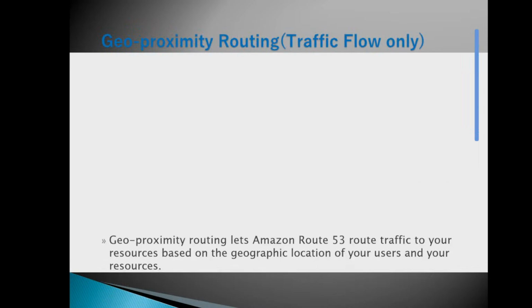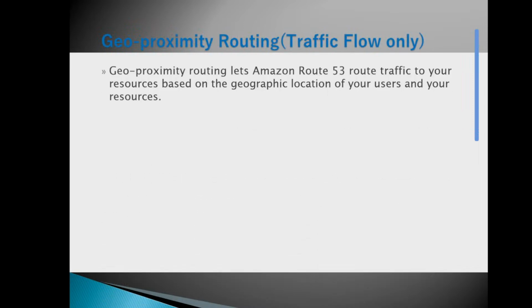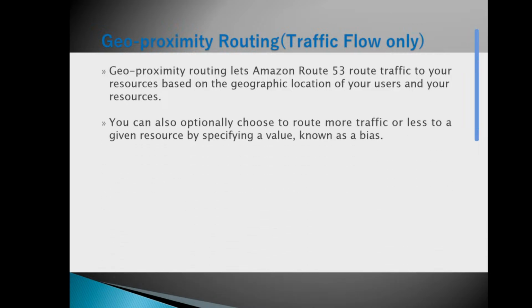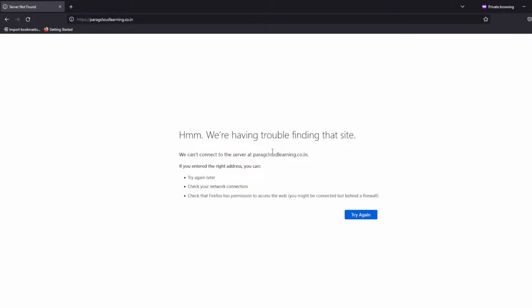Now, next is geo-proxy routing. Geo-proxy routing lets Amazon Route 53 route traffic based on geolocation of users and resources. Okay, I will show you how this one is working.